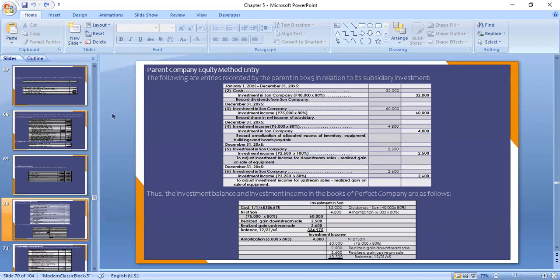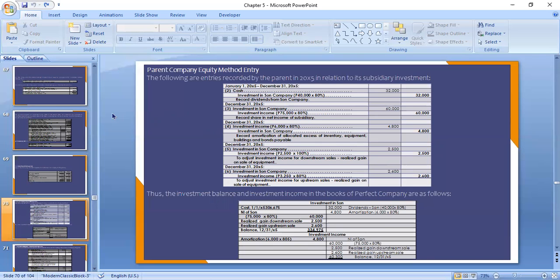The following are entries recorded by the parent in 20x5 in relation to its subsidiary investment. So on January 1 up to December 31, 20x5, we debit cash and credit investment in Sun, 40,000 times 80%, to record dividends from Sun Company.